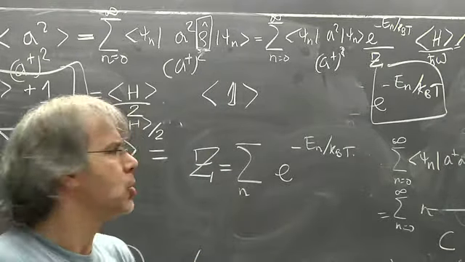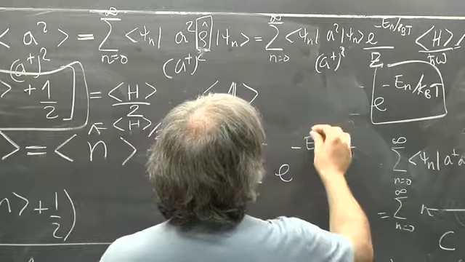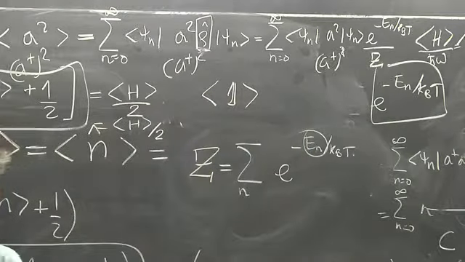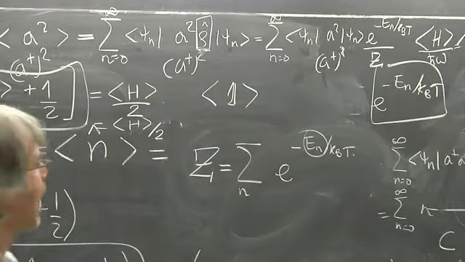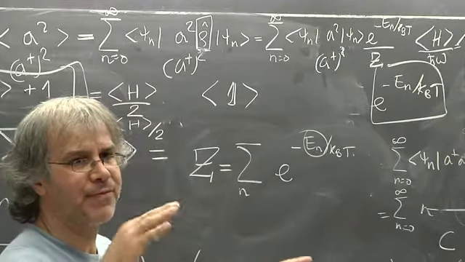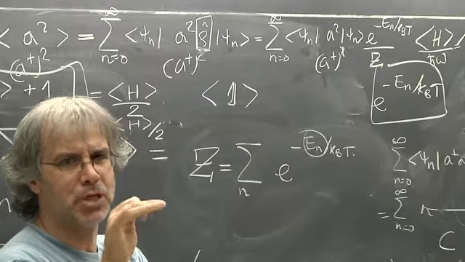Forget about this. Suppose that I just limit myself to the bound state energies, the En that are negative. For every n, I have several states. There is some degeneracy.